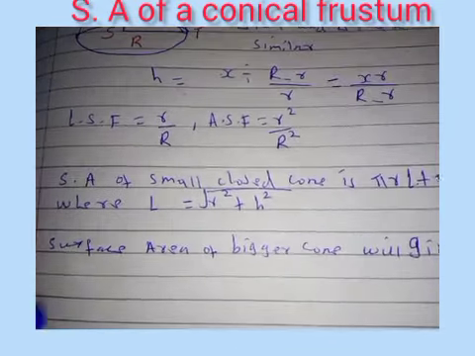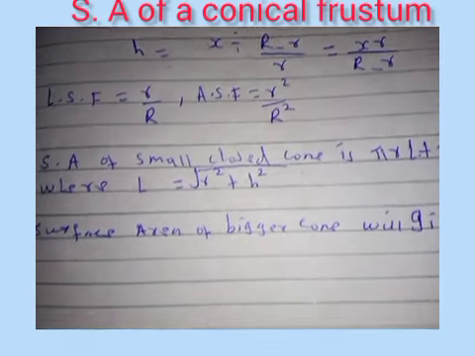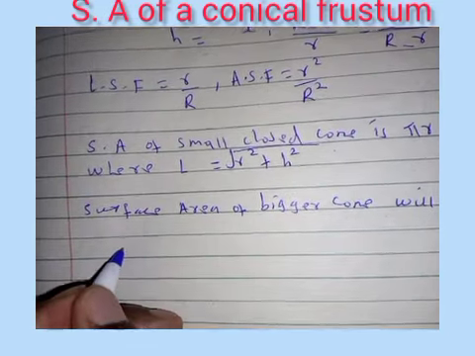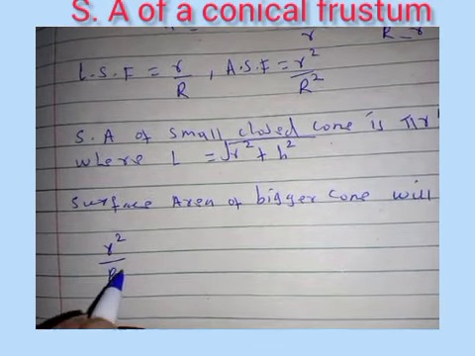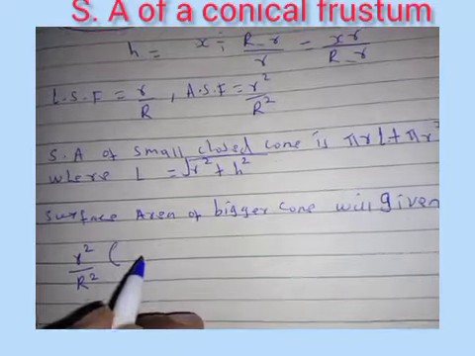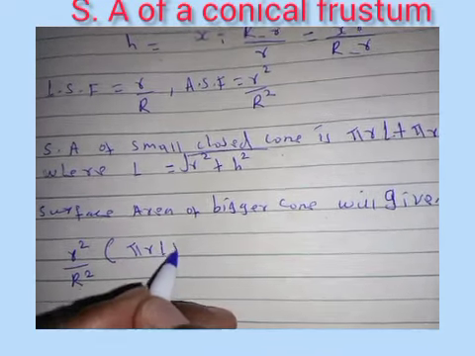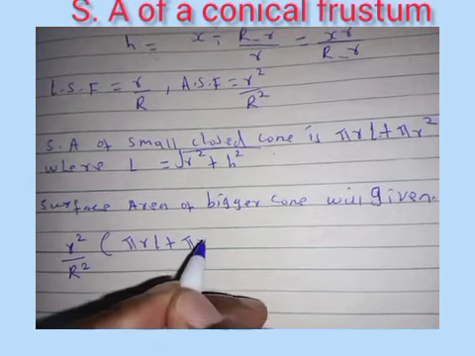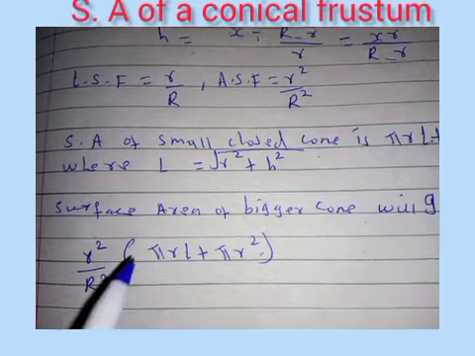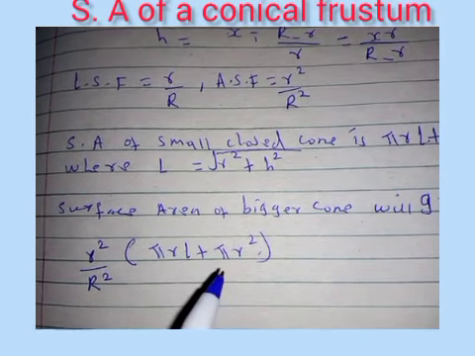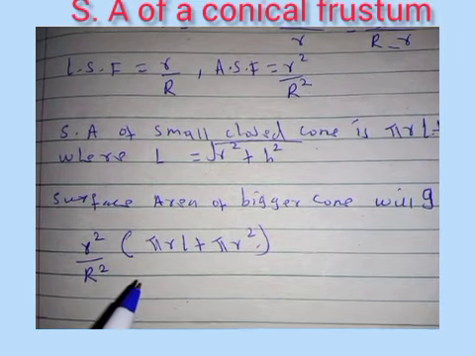So what you do, you multiply the area of the small cone with the area scale factor. So it will be given by capital R squared divided by small r squared multiplied by pi r L plus pi r squared. So once you get the surface area of the small cone, for the larger one, you multiply with the area scale factor.